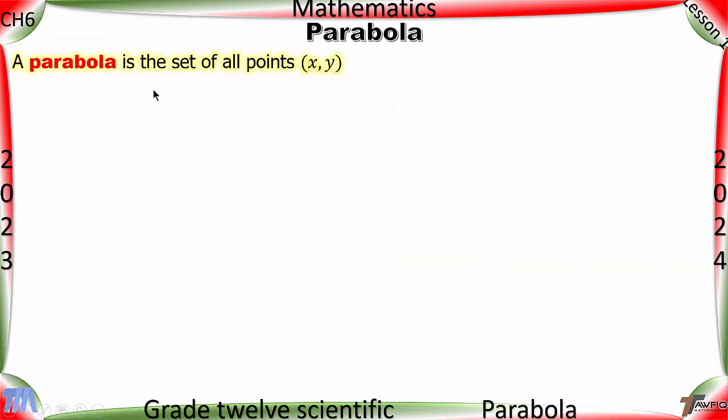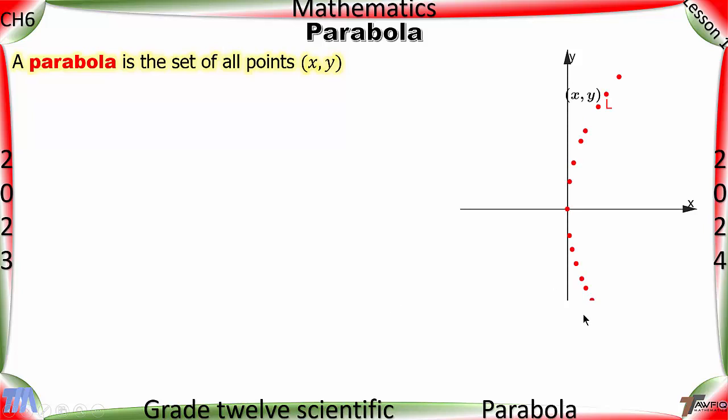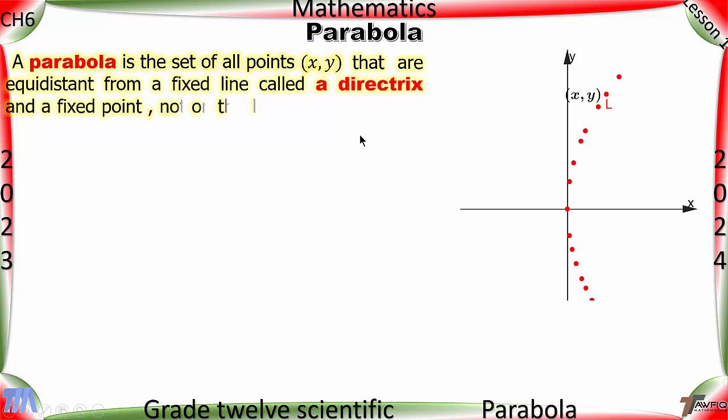A parabola is the set of all points x, y that are equidistant from a fixed line called a directrix and a fixed point not on the line called a focus.